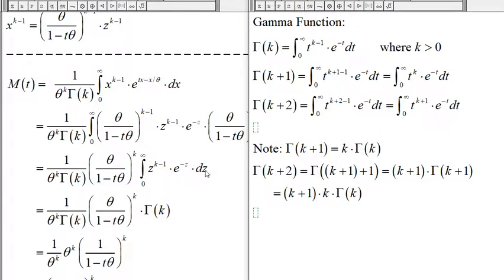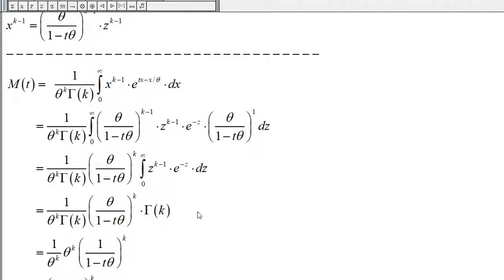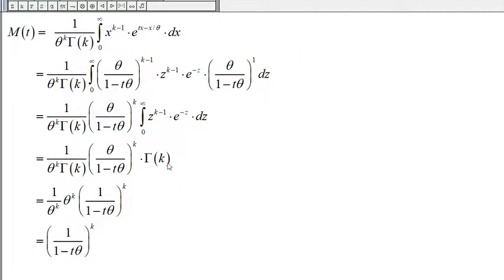So this integral here would be just gamma of k. Instead of the variable t, we just have the variable z. So this integral here is gamma of k. Gamma of k divided by gamma of k is 1.